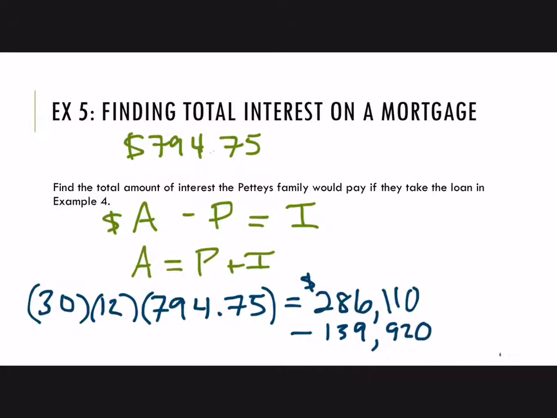Notice we're not subtracting the original amount of the house. We've already taken out the down payment, so we're subtracting the principal instead. And that gives $146,190. So they actually paid $146,190 just in interest. It's actually more than the principal of the mortgage.